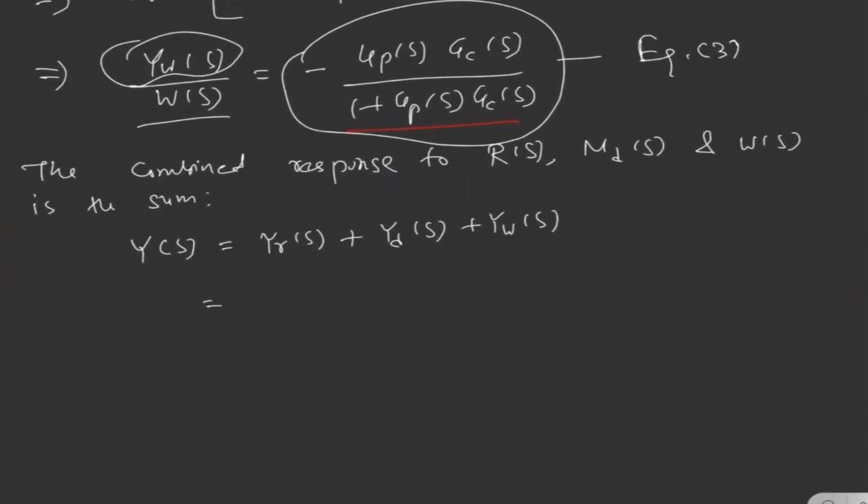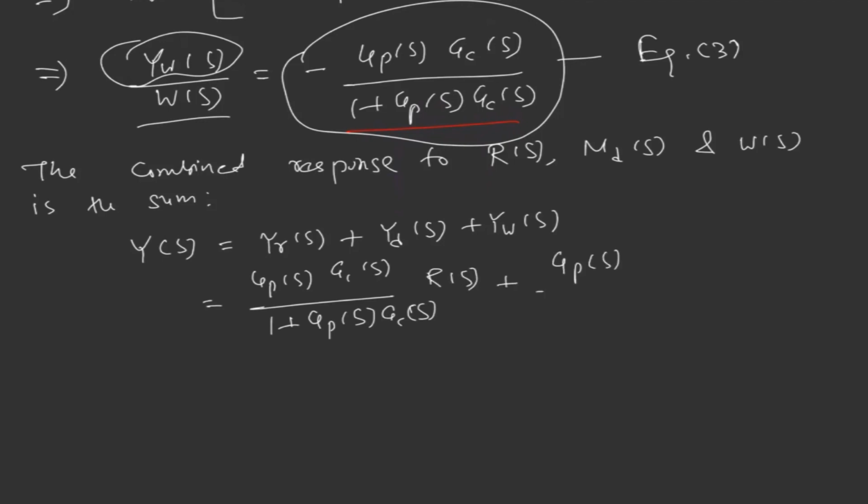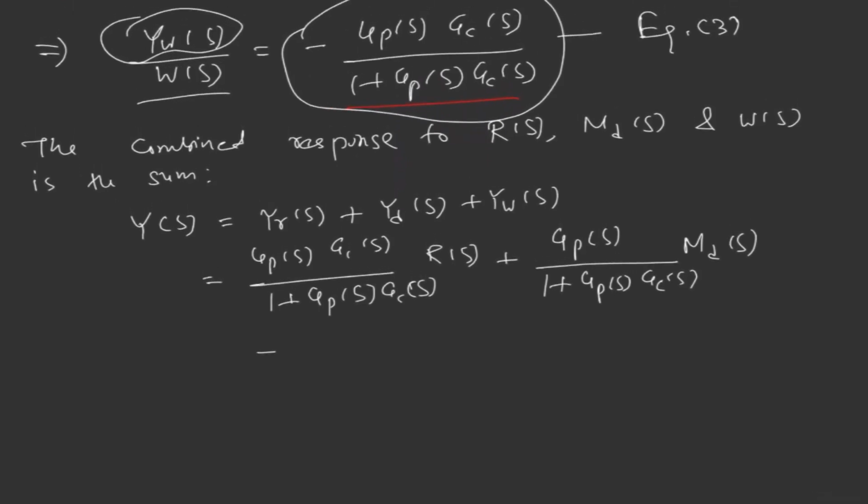So let me write G_P(S) G_C(S) divided by 1 plus G_P(S) G_C(S) into R(S), plus G_P(S) divided by 1 plus G_P(S) G_C(S) into M_D(S), and minus G_P(S) G_C(S) divided by 1 plus G_P(S) G_C(S) into W(S).